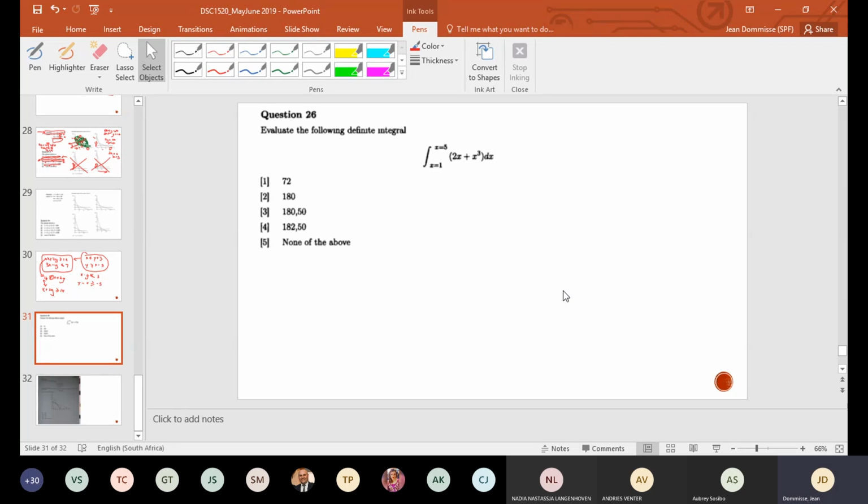Okay, anybody want to try this? What would you have done here? Yeah, put it in the calculator. This is quite interesting. Because what would I have done with this one? Because it doesn't tell you.